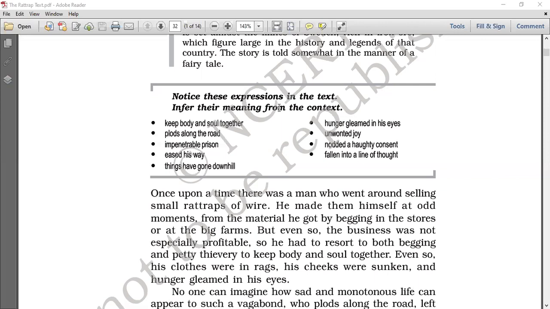East is west, things have gone downhill, hunger gleamed in his eyes, unwanted joy, nodded a hearty consent, and fallen into a line of thought.